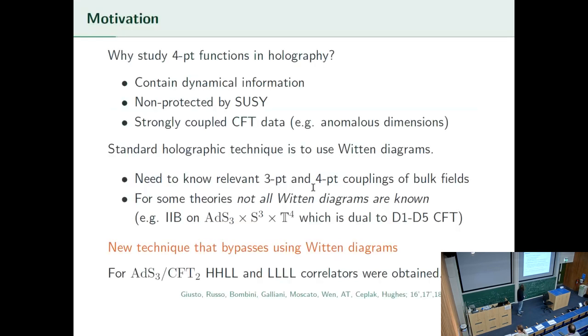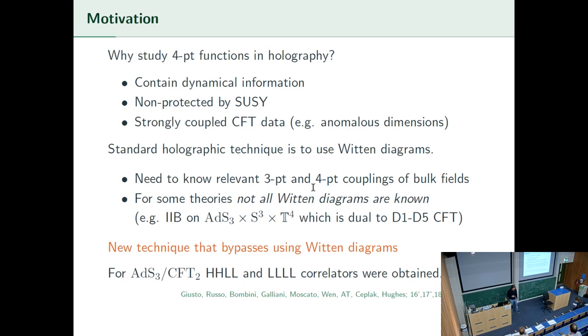So as an introduction, let me give you some brief motivation why we're interested in the computation of the 4-point functions. Probably the 4-point functions have been the most studied object in holography since the very beginning. And the reasons are the following. First of all, the 4-point functions are fully dynamical objects, which are not completely fixed by the conformal symmetry.